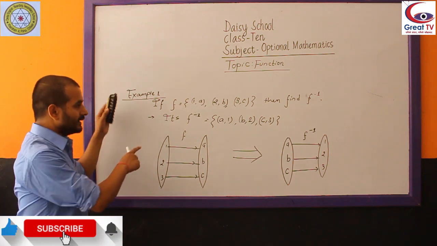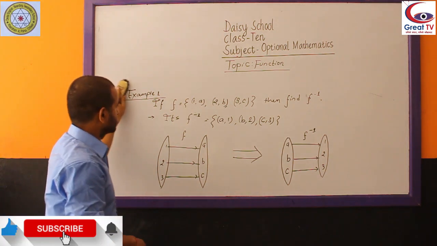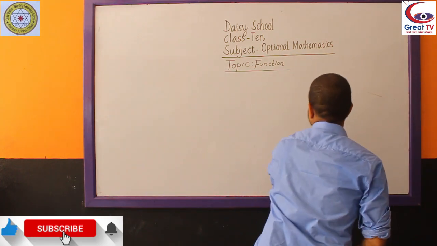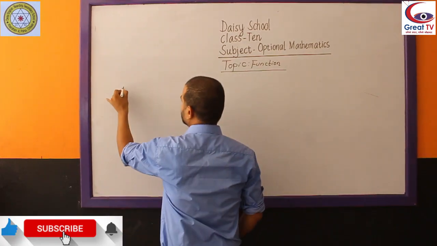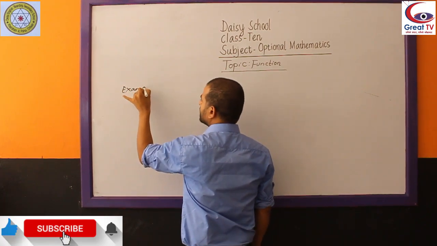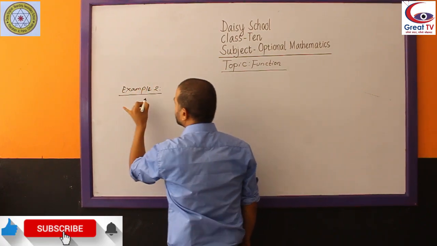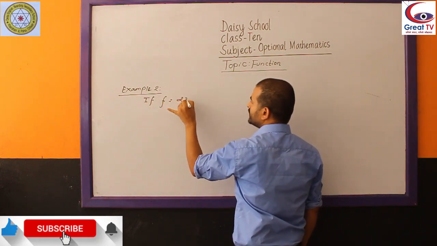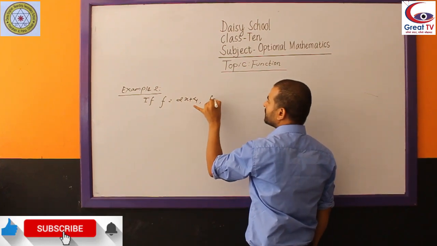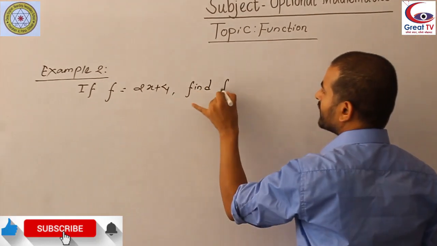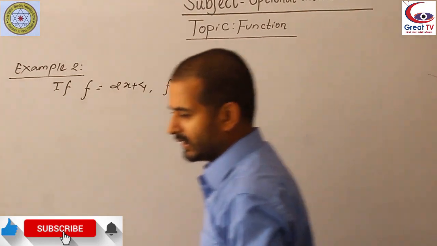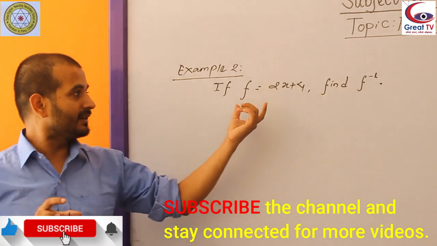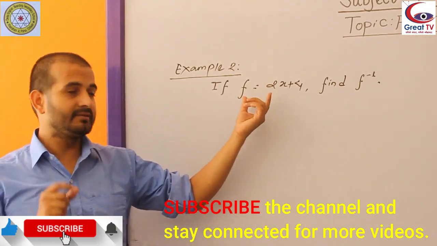Okay, I am rubbing it out if you have copied it. Now example 2. If f(x) equals 2x plus 4, find f inverse. You can clearly see here the question has represented the function in an algebraic term.